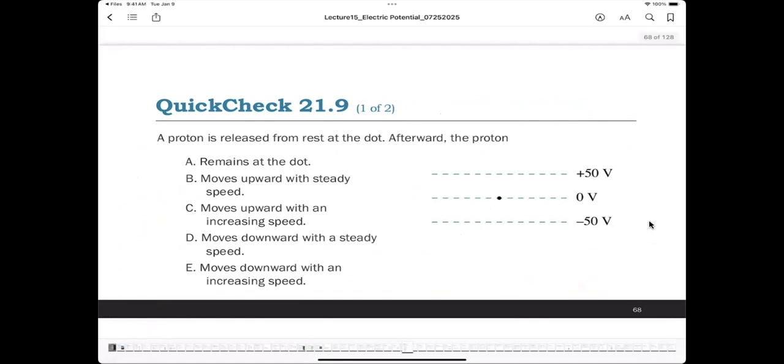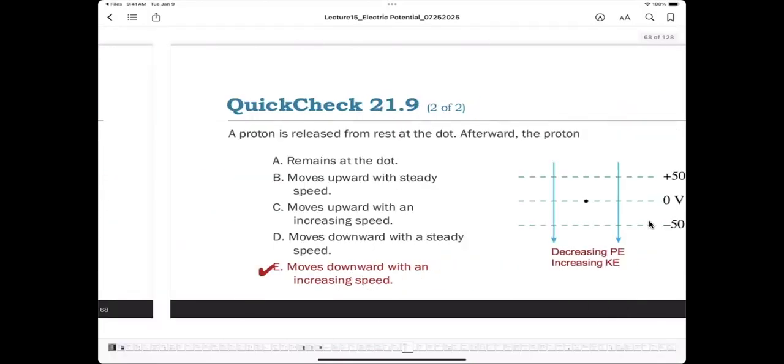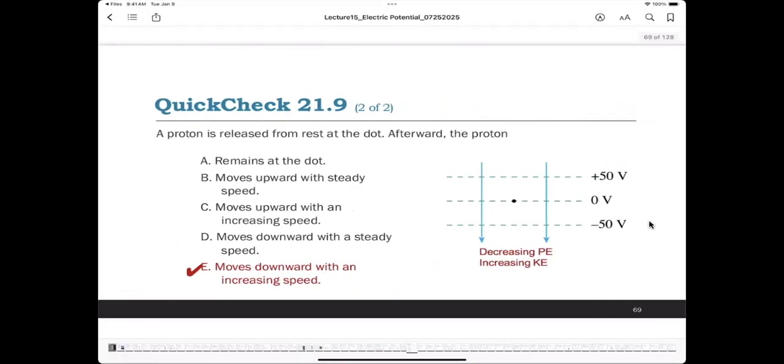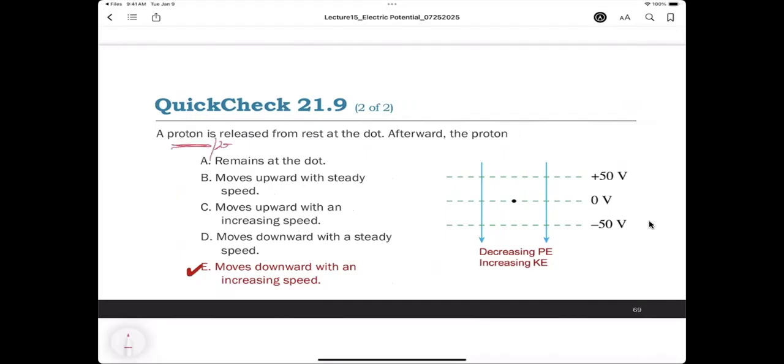Let's check the other one. A proton is released from rest at the dot. Afterward, the proton, which one is the right answer? Actually, it moves downward with an increasing speed, because a proton is a positive charge. It will go in this direction, because this direction is negative and it is attracted to the negative one.